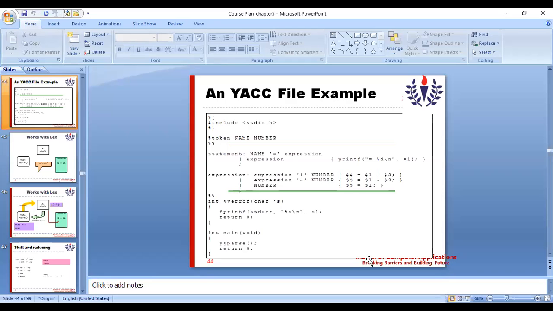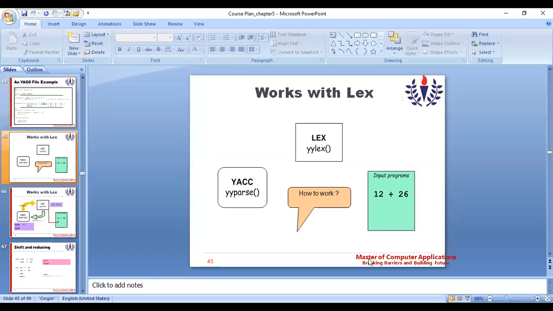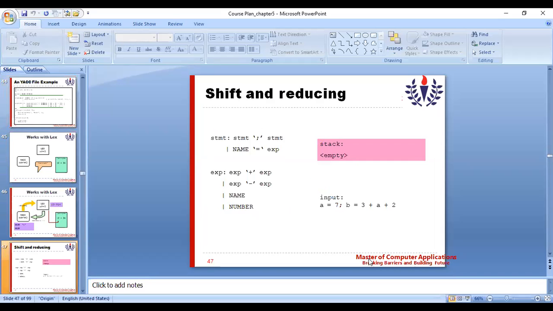So this is what exactly is given in this. Now we will be moving on to the next concept, that is shift and reduce. Already I have mentioned reduce. Reduce is basically: if the right hand side of the rule is matched, then it will be replaced by the left hand side of the rule.